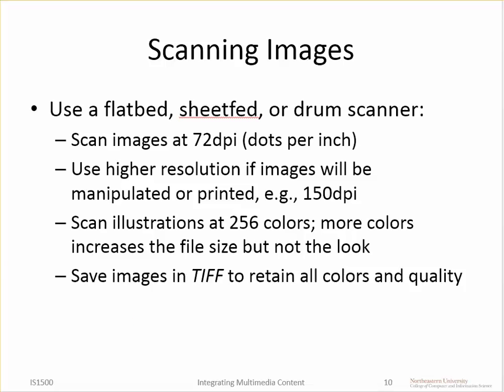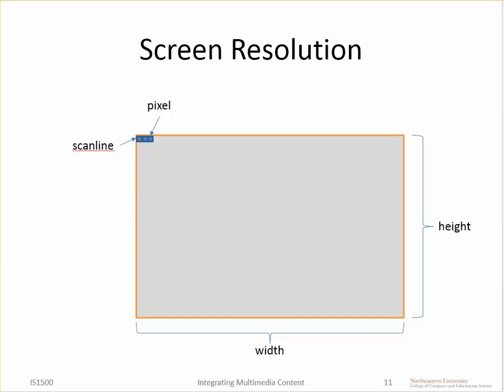So to understand this whole notion about screen resolution and compression, we first have to understand how pictures and images are really represented on a computer screen. Your entire computer screen is actually made up of a series of small dots. Each line of dots is called a scan line. Each dot itself is called a pixel. Pixel is actually a short term for picture element.